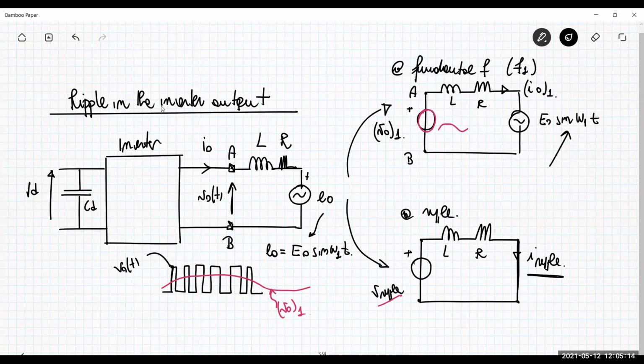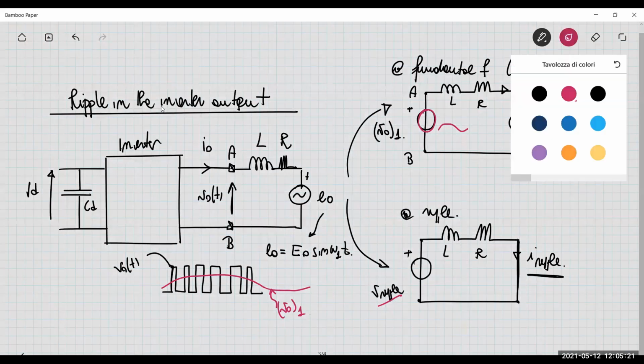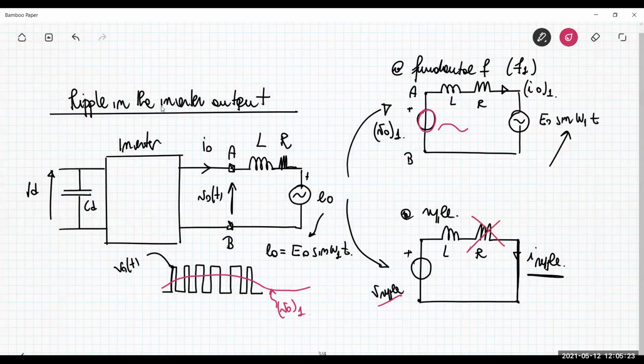As we did in the previous discussion about the same topic in the DC converter, remember that I said to neglect the resistance and keep the inductance, because it makes the computation a little bit easier. In this situation, the voltage across the inductance, VL, is the same as the ripple voltage.